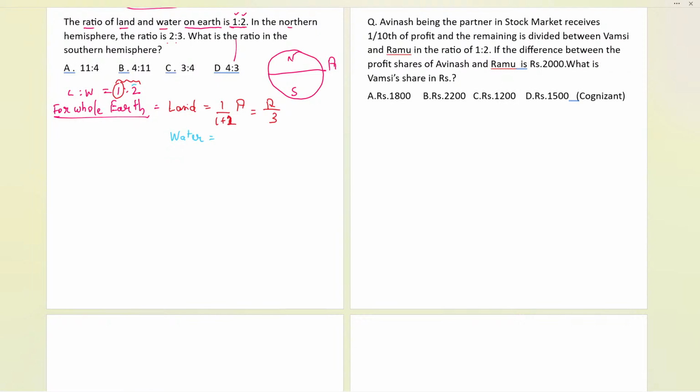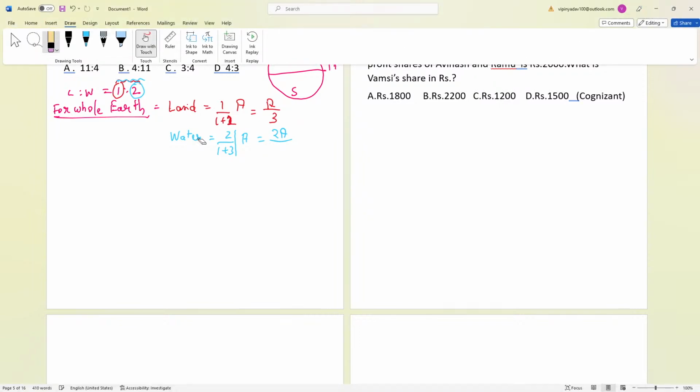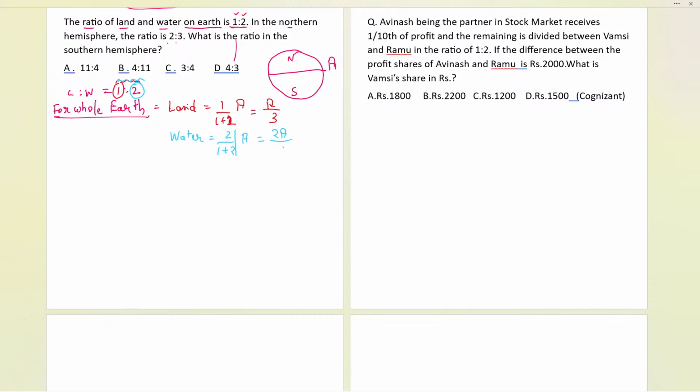Water is two parts out of three, so it will be 2 by (1 plus 2) times A. This is the fraction of water on the complete earth. So it will be 2A by, mistakenly I wrote 3 again, it is 1 plus 2 below, so 3. We get 2A by 3. These are the land and water portions we have got.